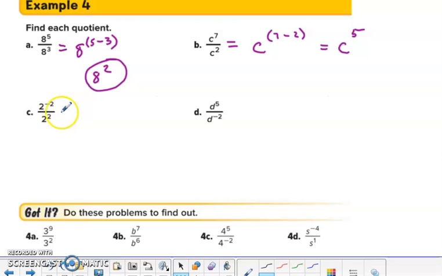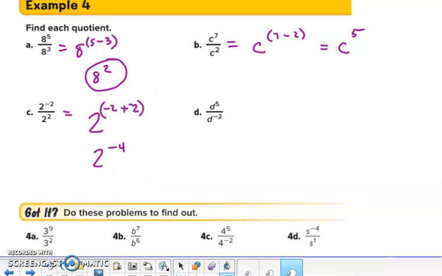Now let's look at this one. It's got the same exact base, but it's going to be negative 2, so always the top one minus the bottom one, minus 2. Do you remember this is plus a negative? So it's really going to be 2 to the negative 4, because when you take a negative and add another negative to it, you get a bigger negative.